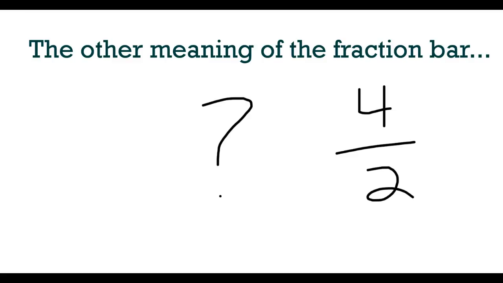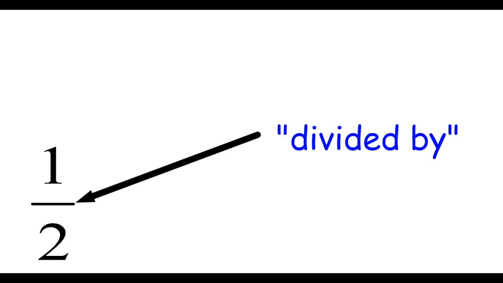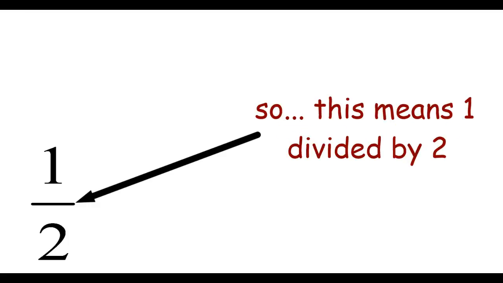So when we first talked about order of operations earlier in the year, we talked about how the fraction bar, where we have a long expression in the numerator and a long expression in the denominator, actually means divided by. And so if we use that idea for a fraction like 1/2 and talk about it as the fraction bar meaning divided by, then we can understand how to convert between fractions and decimals, because we know that that means numerator divided by denominator, or in this case, 1 divided by 2.